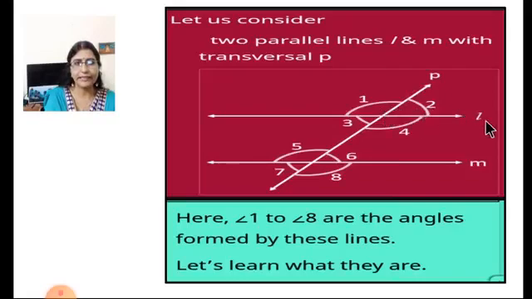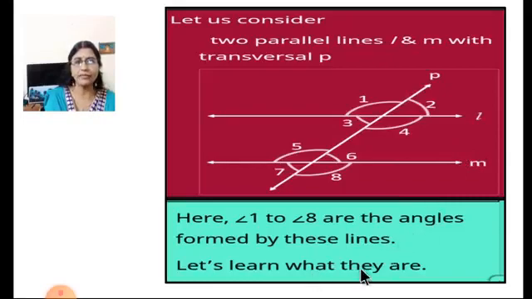With line L, 4 angles are formed: angle 1, angle 2, angle 3 and angle 4. In the same way here you see angle 5, angle 6, angle 7, angle 8. So totally 8 angles are formed. That is written here: angle 1 to angle 8 are the angles formed by the transversal on these lines L and M.